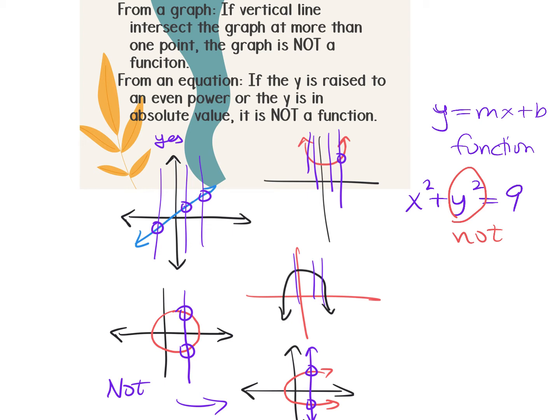Same thing if it were a hyperbola. The other thing is you can't have y in absolute value, and you can't have y underneath a square root. So you couldn't have the square root of y equals a number. This is not a function, or y in absolute value. So when you see these, you're going to recognize that it cannot be a function.